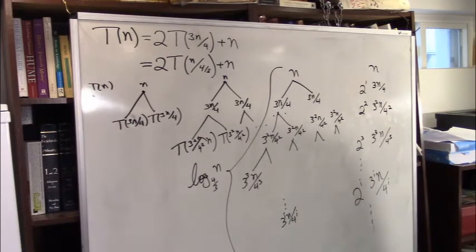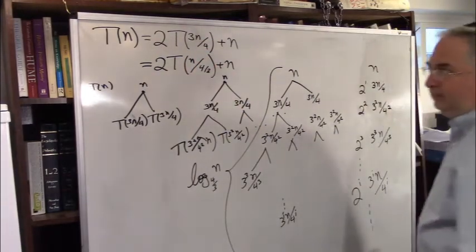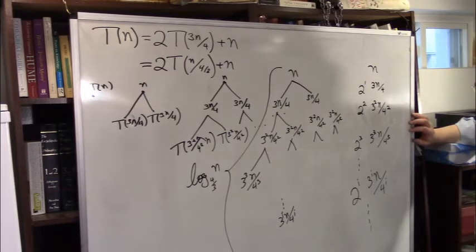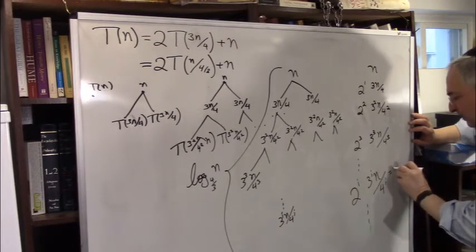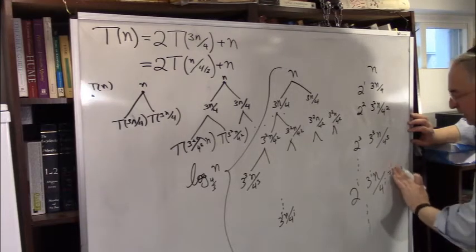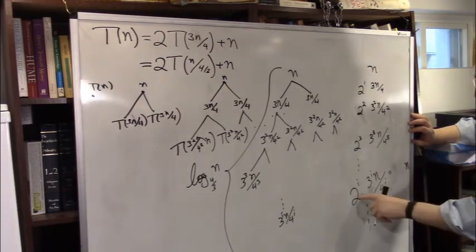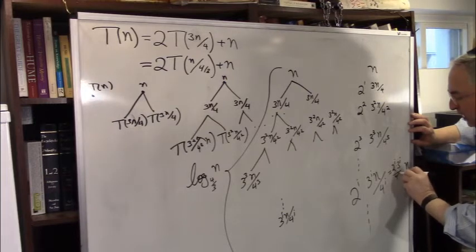Okay, good. So that's why I wrote it like that. Now, I want to fix this up because this is yucky. So I want to write it as follows. This is equal to n. You know what? Let's put the n at the end. It's 2 to the i times 3 to the i divided by 4 to the i.